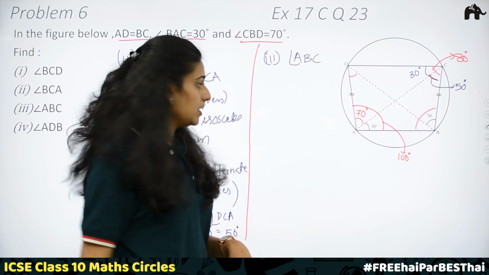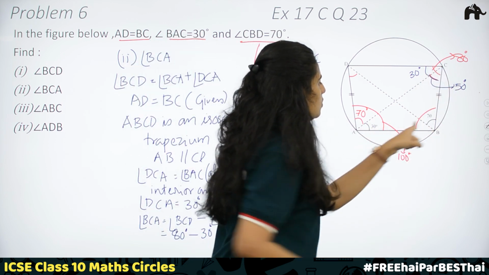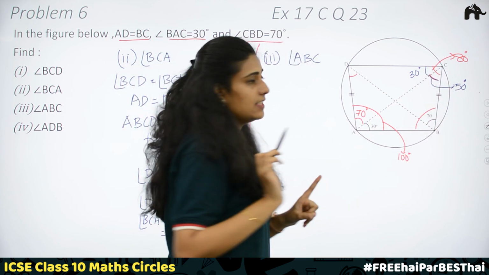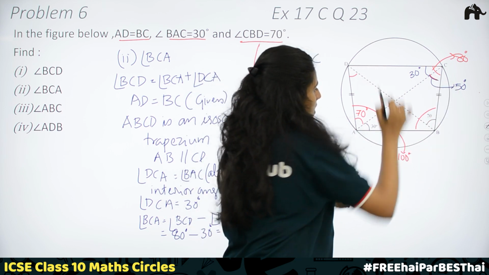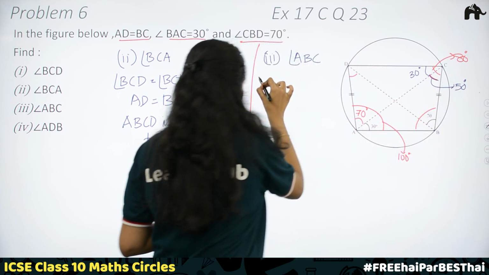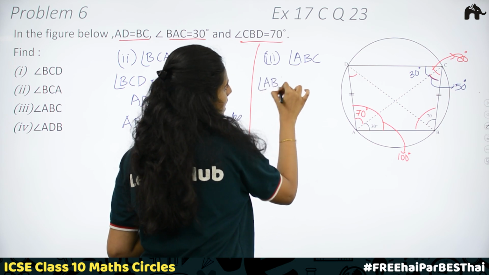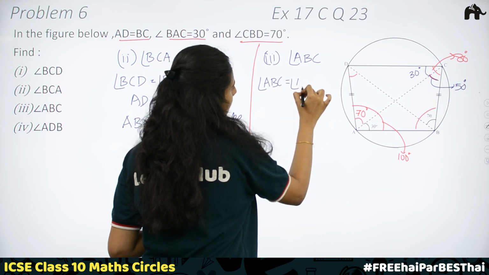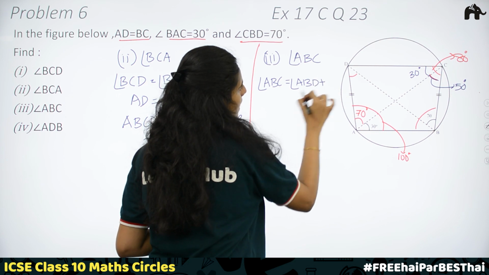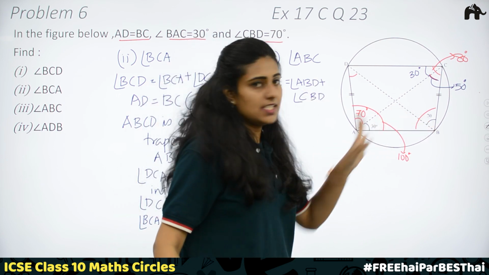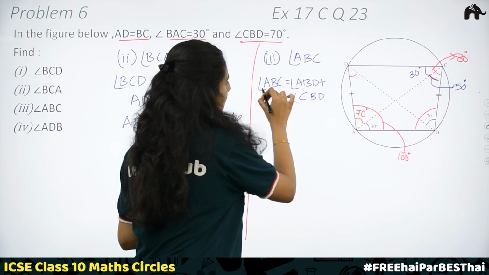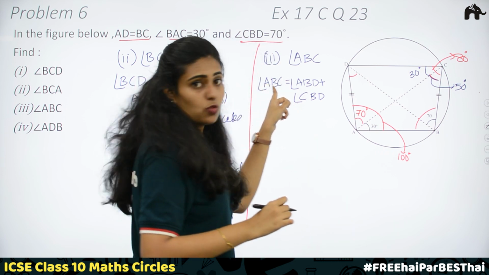Now, the next part, that is the third one, we have to find angle ABC. Where do we have ABC? ABC is this whole angle. Here, CBD is already given, that is 70 degrees. Angle ABC is equal to angle ABD plus angle CBD. CBD is 70 degrees, and ABC is what we have to find.